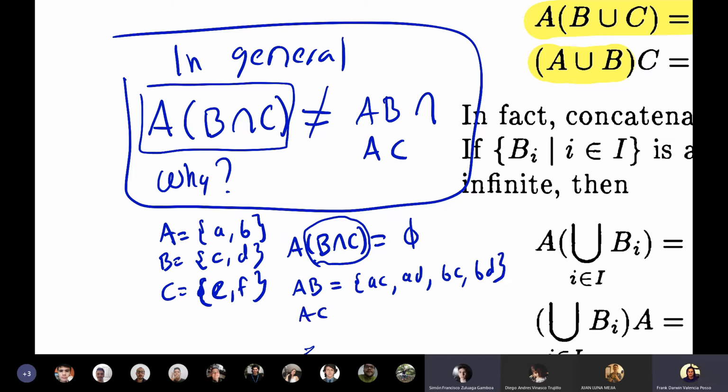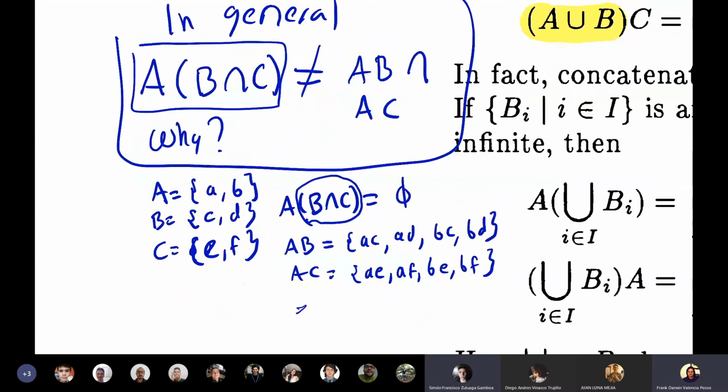And A concatenated with C. It's AE, AF, I guess. And yes, then BE, and then BF.